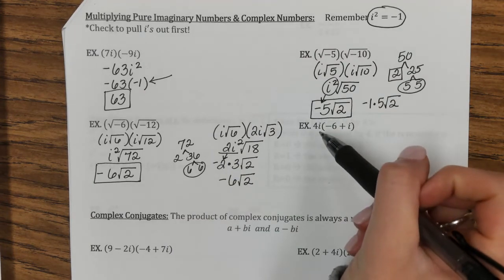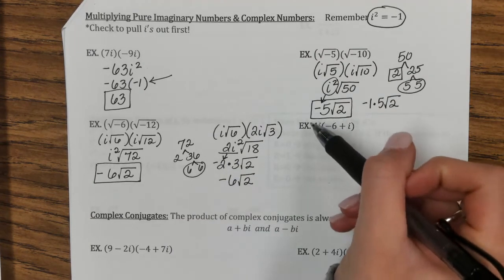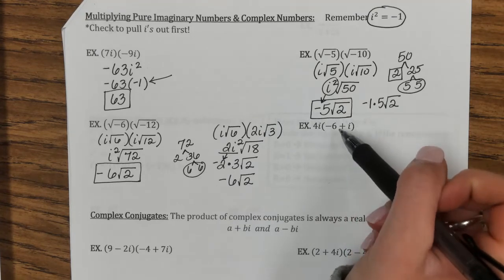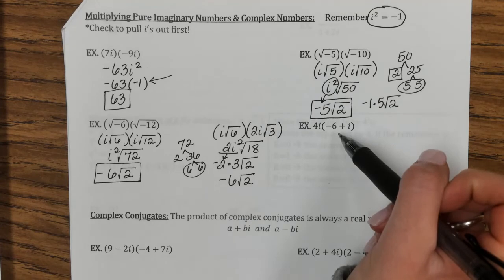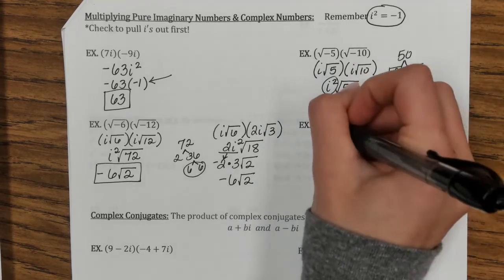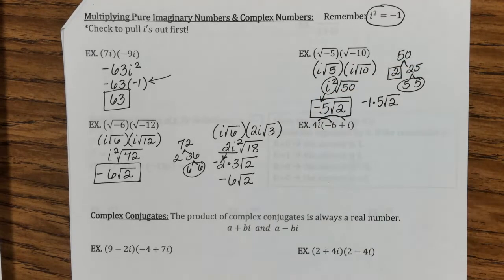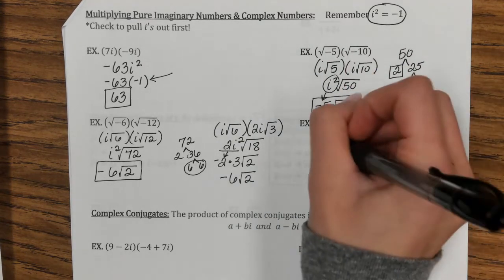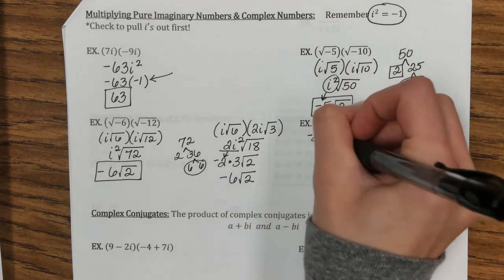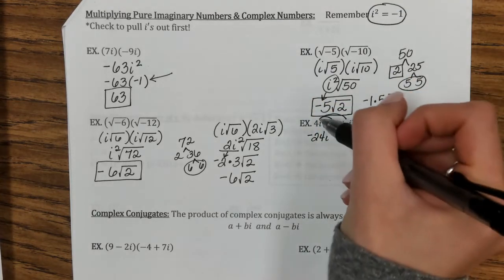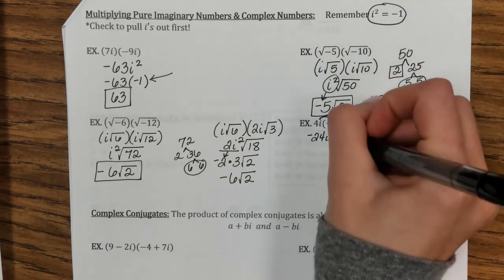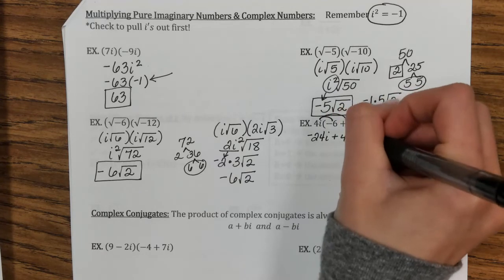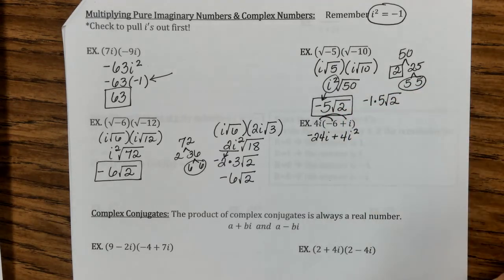Now this next example, we've got an imaginary 4i times my full complex number in standard form. So when you have that, you're going to distribute it just like you would anything else. So I have 4i times negative 6, and that would give me negative 24i. 4i times i would give me 4i squared.